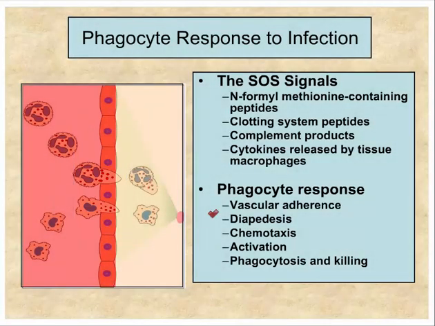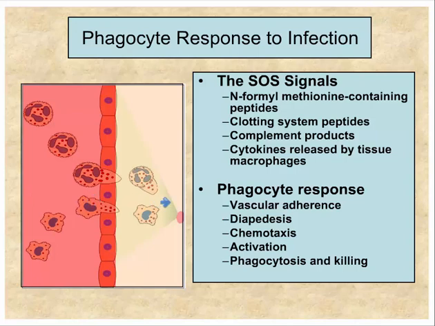And these cell adhesion molecules then allow the phagocytic cells to bind to the endothelium in the vicinity of wherever the infection is going on. Then these cells, of course, will diapedese and move across the endothelial cell barrier and get into the tissue spaces where they are attracted to these signals in a chemotactic manner. So they migrate towards an increasing concentration gradient of these signals.